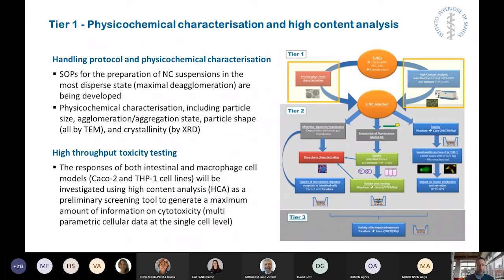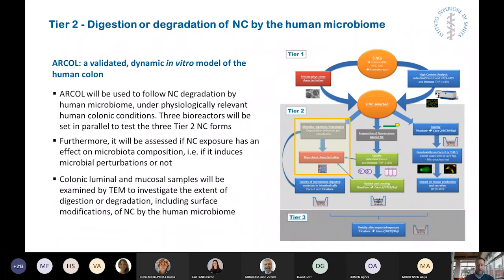But in tier 1, we will also use high content analysis as a preliminary screening tool to generate the maximum amount of information on cytotoxicity using intestinal and macrophage cell models. Based on tier 1, up to 3 materials will be selected.